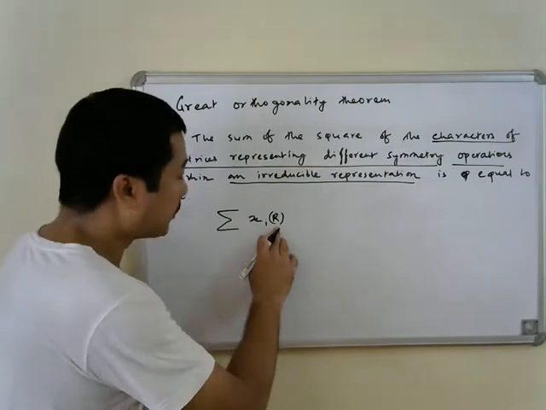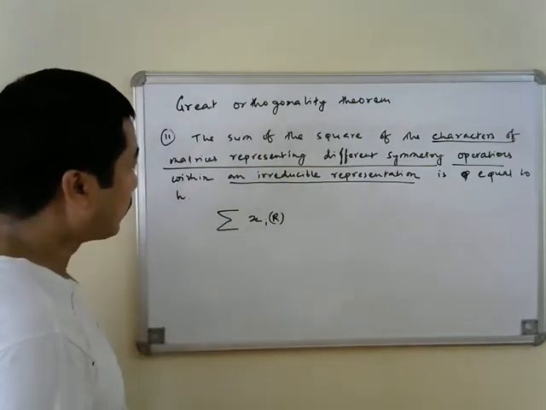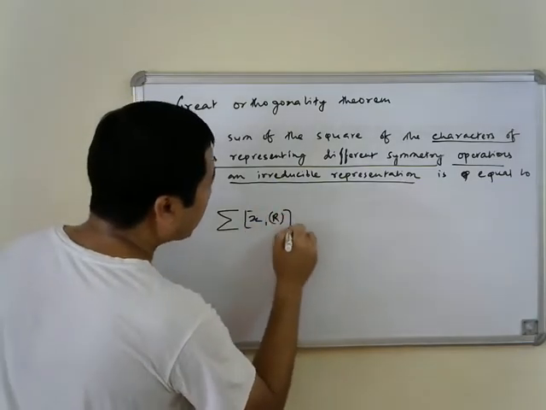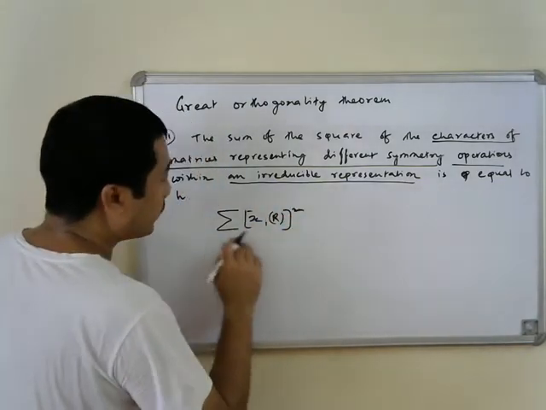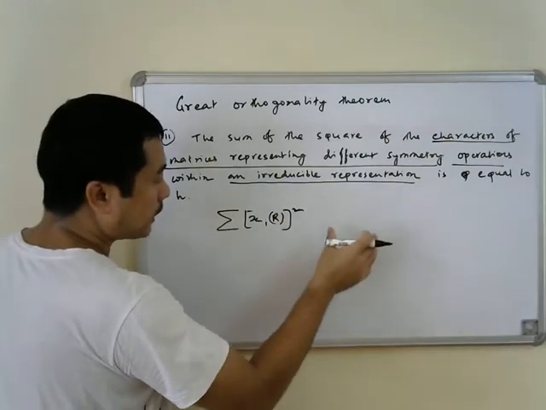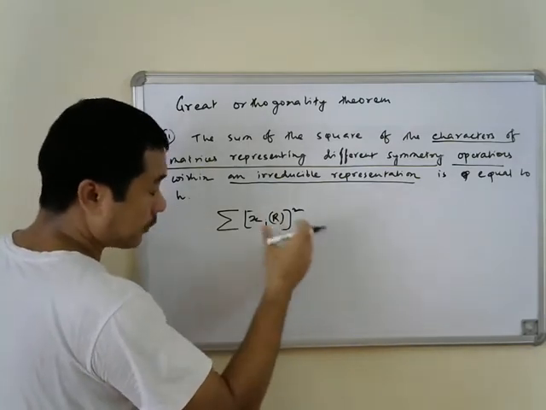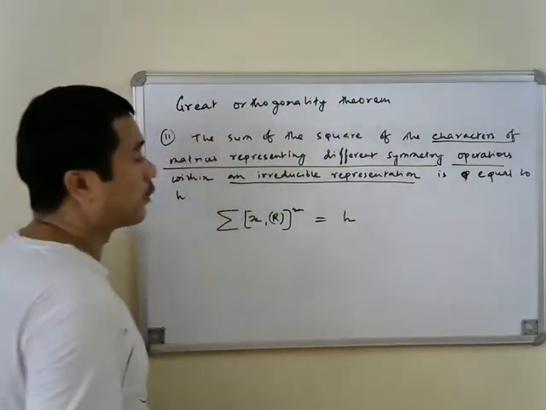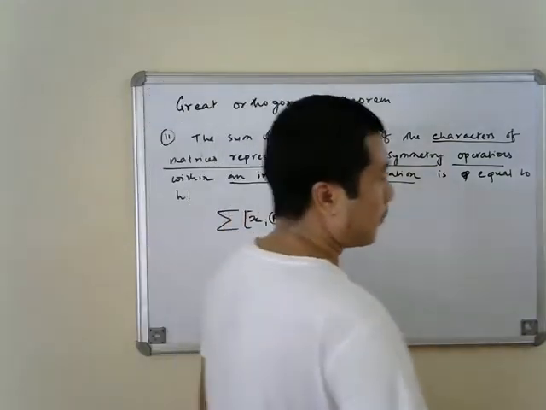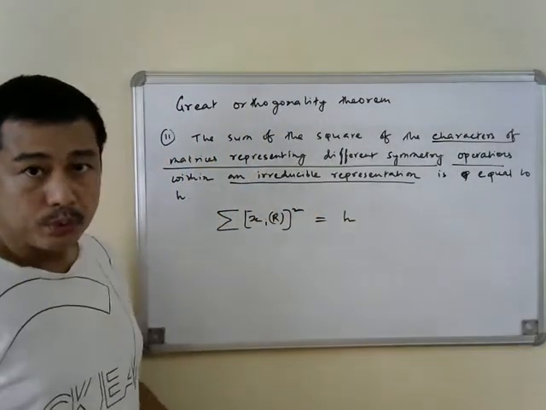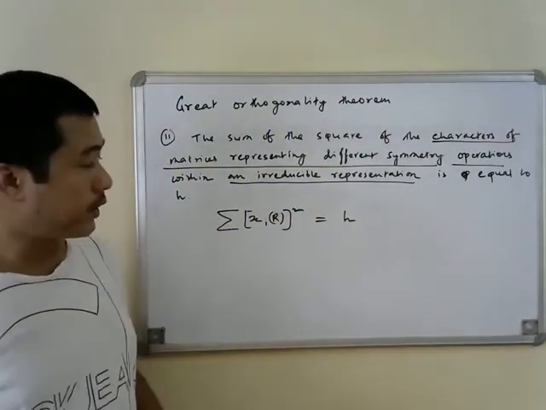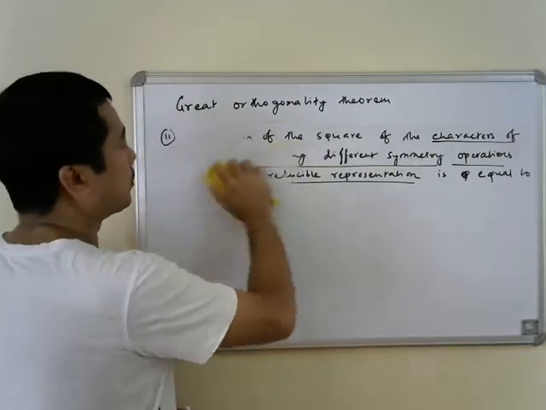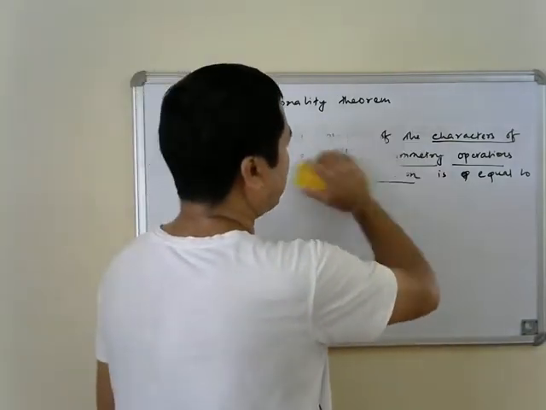So for the symmetry operation R, we take the character of the matrix representing the symmetry operation R, then take the square of these, and then sum over all the characters for the matrices of different symmetry operations, and this sum is going to be equal to h. So this is the second rule that we get, again, from the great orthogonality theorem, and this is going to be very helpful to derive different irreducible representations in a particular group.